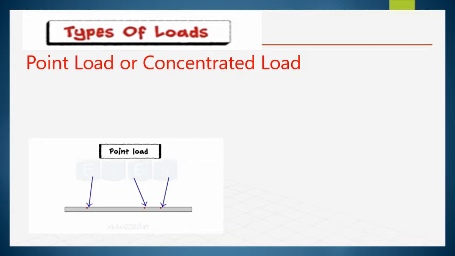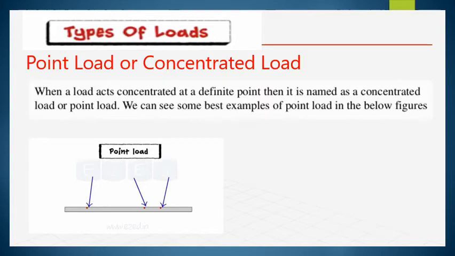The first one is the point load or the concentrated load. You can see in the diagram, if the load is concentrated at a point, it is called a point load.